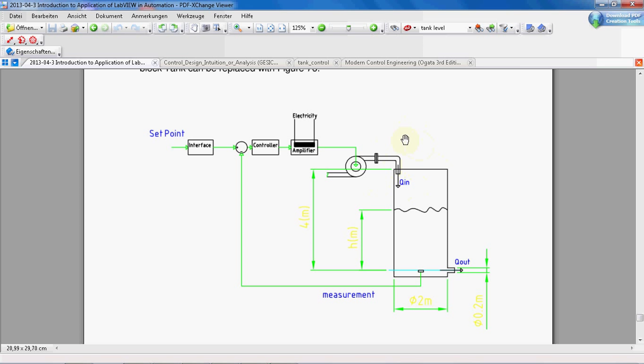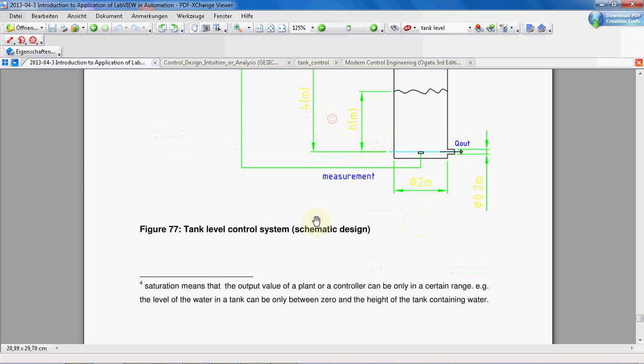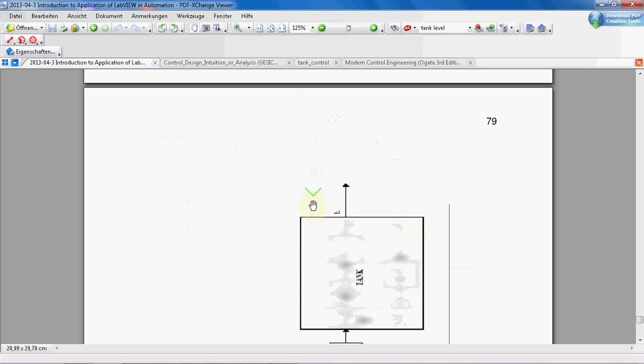Therefore, there is a capacity, and it cannot have a negative amount of water. It means a pump cannot suck the water inside the tank. Just remember this, then I will explain more about this.